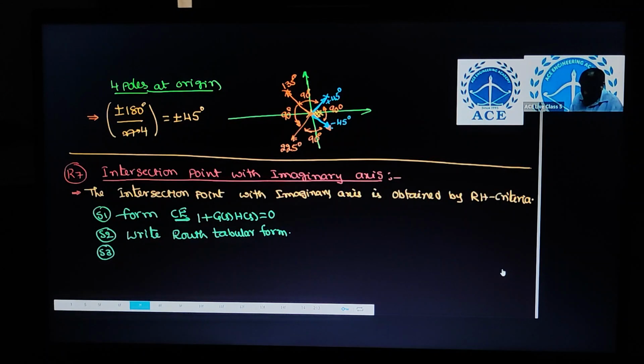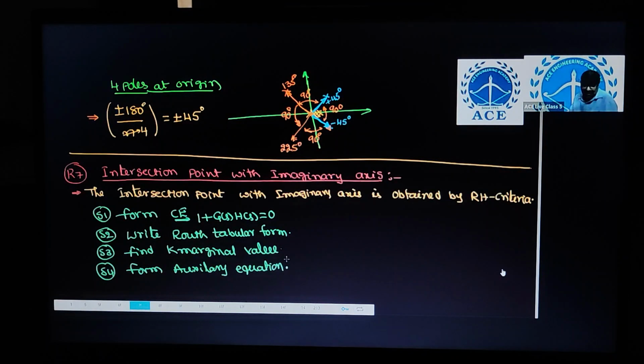Find k marginal value. Form auxiliary equation. The roots of auxiliary equations are valid and invalid intersection points with imaginary axis.